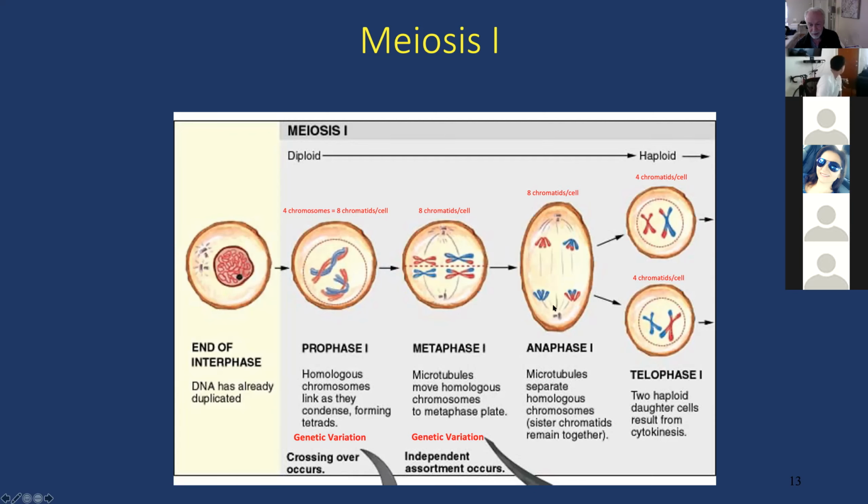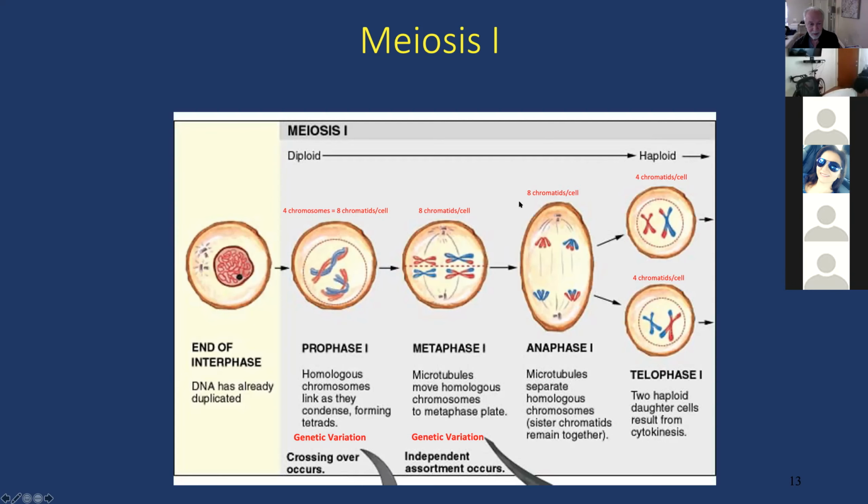Then in anaphase, as in mitosis, the microtubules, microfibers can contract and pull the chromosomes to the opposite sides of the cell. And then the cell divides. So now we're left with haploid cells.